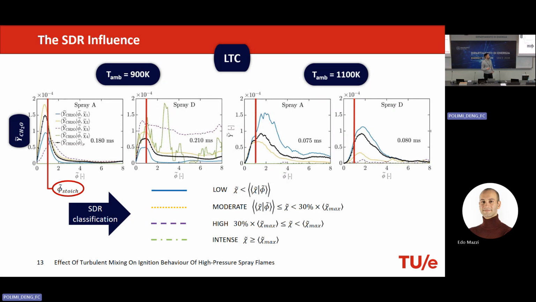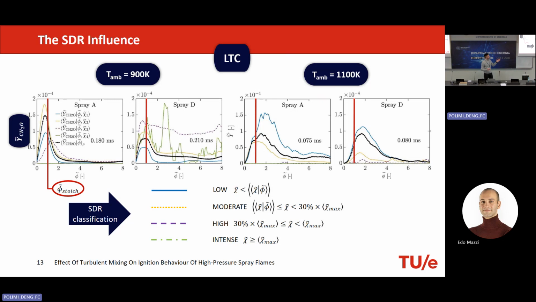And I know these plots are really complicated, but basically what we worked on first was a classification of the scalar dissipation rate. There's no objective, traditional definition of scalar dissipation rate. So what we did was just take two criteria.